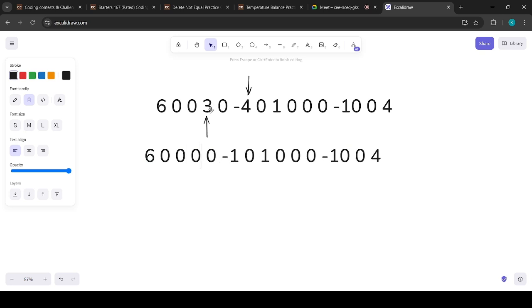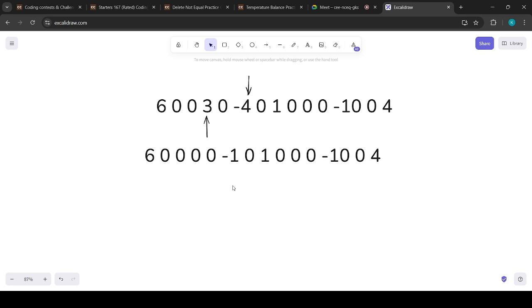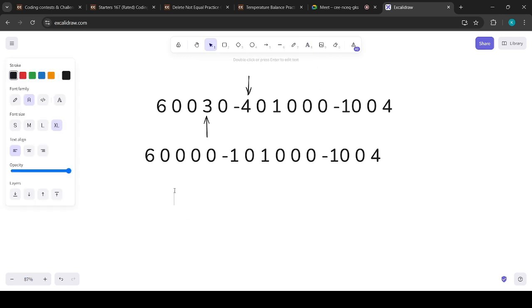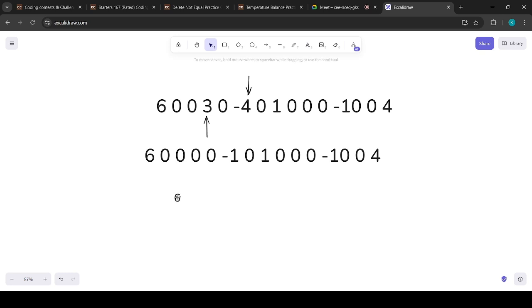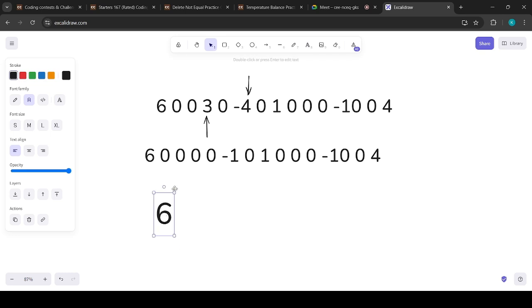For this we can shift only 1 degree Celsius at 1 second. So it will take 3 seconds to move this 3 from here, and this 3 from here to -4 will take 6 seconds. It will take 6 seconds to shift this 3 to this -4, so it will become -1.